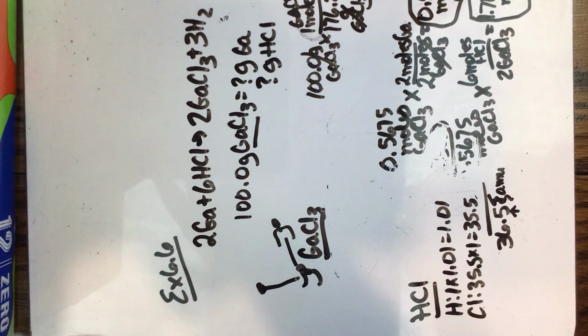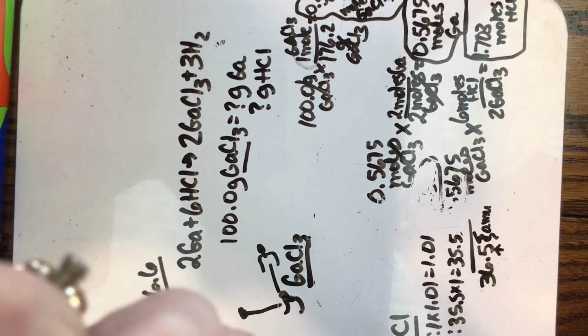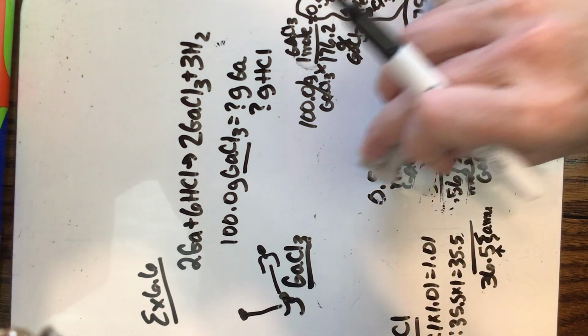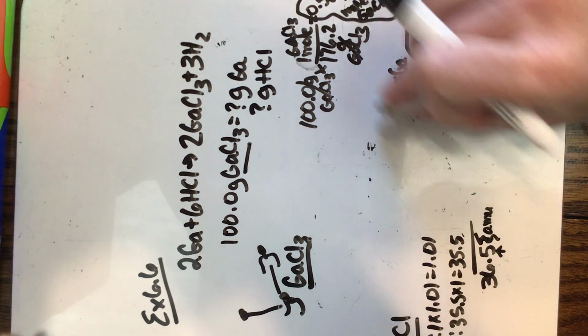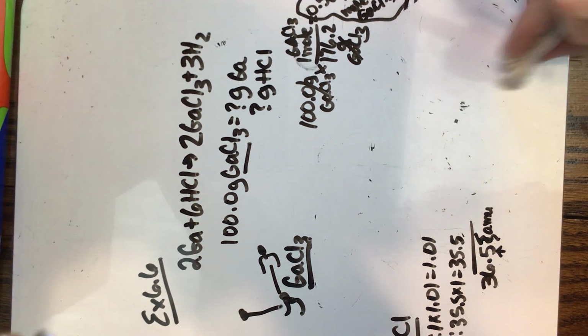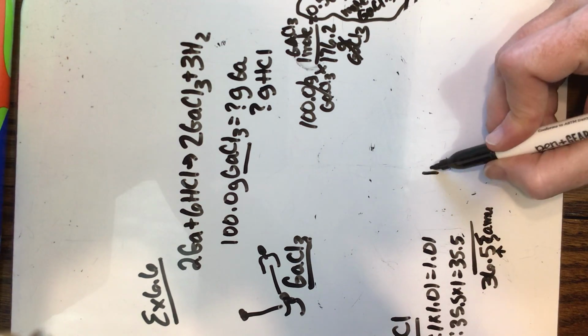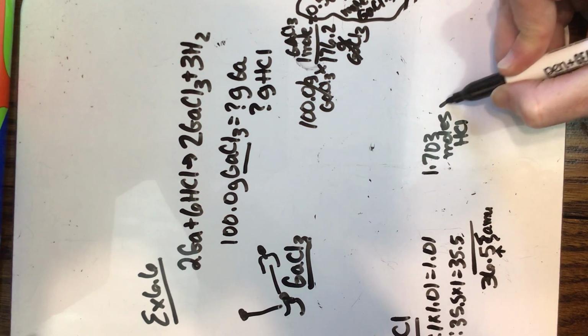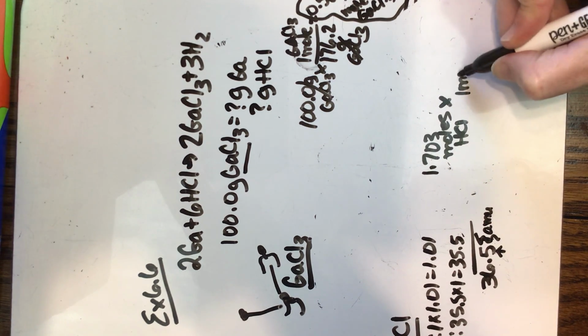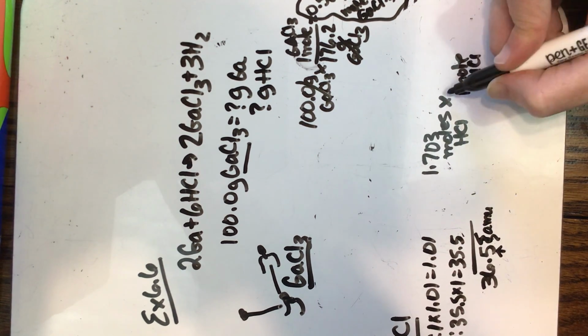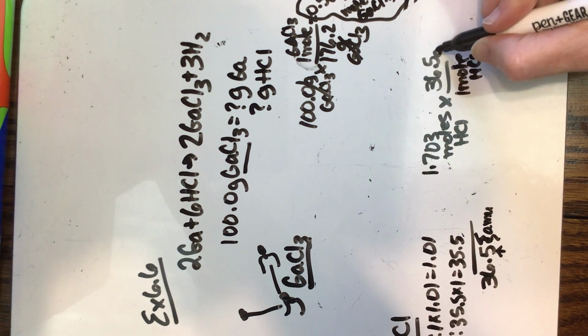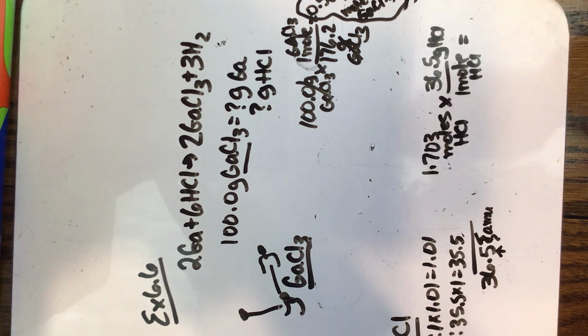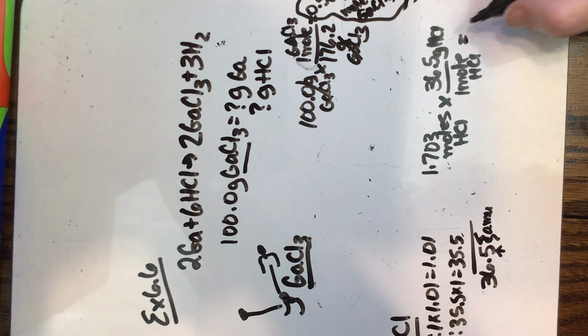But we're starting with that 1.703 moles of HCl down there in the corner, and we're going to be converting that to grams. So 1.703 moles of HCl times 1 mole of HCl is 36.5 grams of HCl. So we take those and we multiply them, and we would get 62.2 grams of HCl.